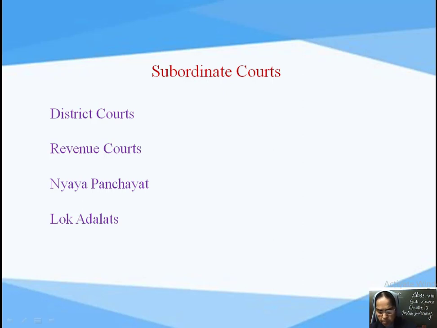Disputes in matters of payment of revenue are settled through revenue courts. The Board of Revenue is the highest revenue court in a state and appeals can be taken from the Board of Revenue to the High Court. The Court of the Collector is the most important revenue court in a district.